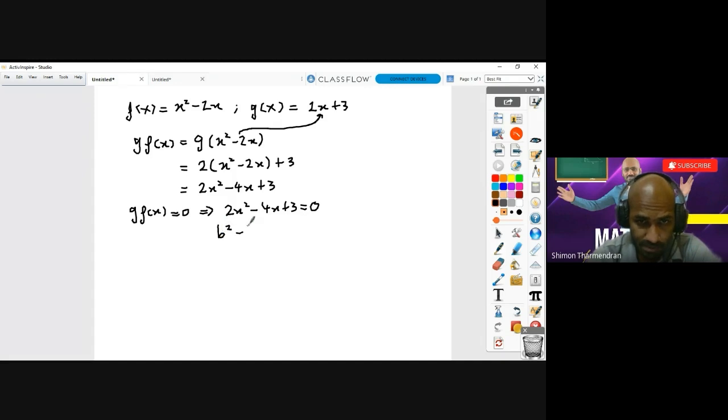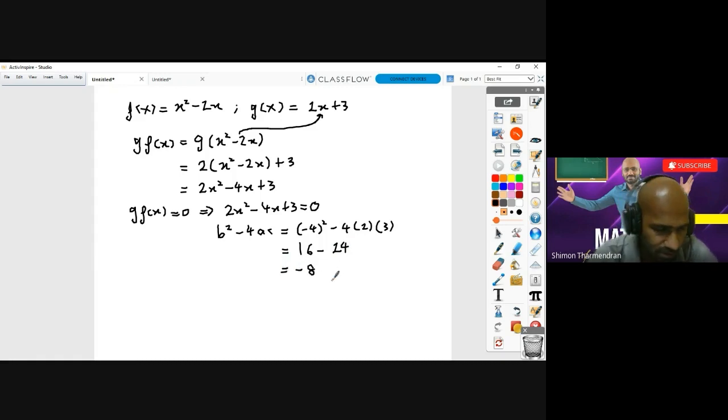We have to do b squared minus 4ac, check the discriminant. My b is minus 4, squared, minus 4, a is 2 and my c is 3. So over here we end up getting 16 minus 24, which is minus 8.